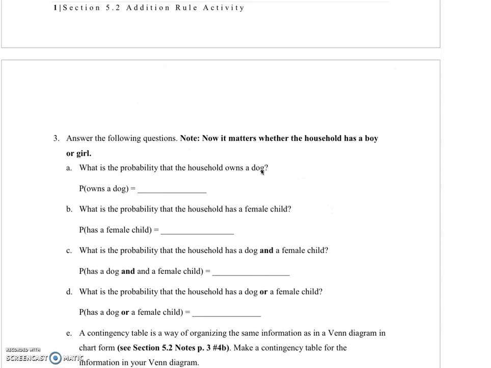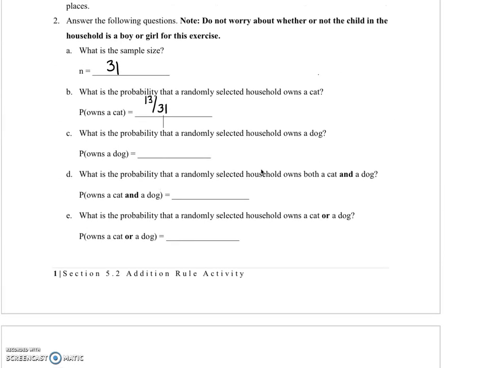So the probability that a randomly selected household owns a dog is the 16 households that have dogs divided by the 31 total households.